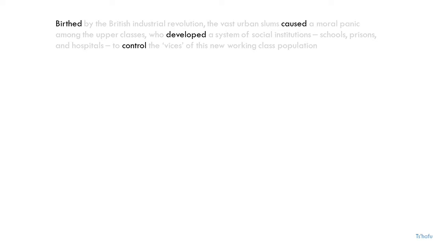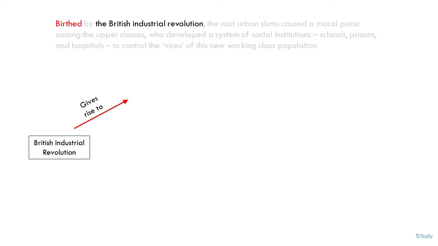Here we go. Let's start with this first relationship term, birthed. Just like we did before, we ask: something birthed something. What did the birthing? Right here, the British Industrial Revolution. So the way we can indicate it is like this: the British Industrial Revolution being the object, and just for convenience's sake, I changed birthed to gives rise to.